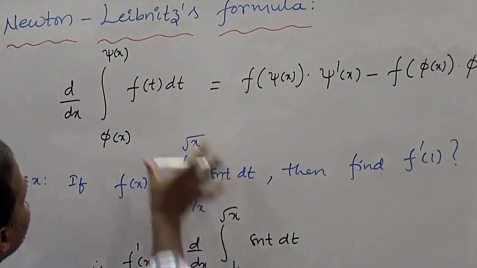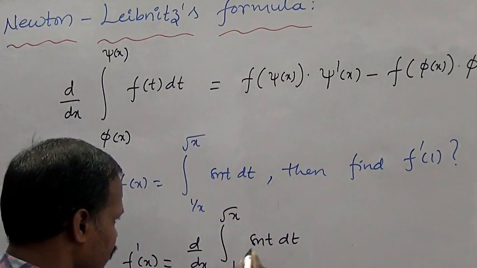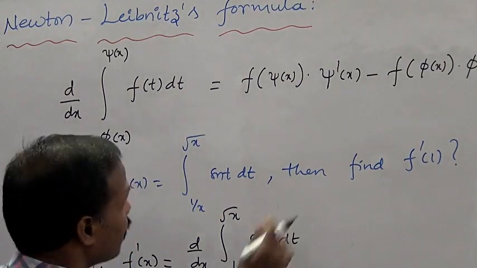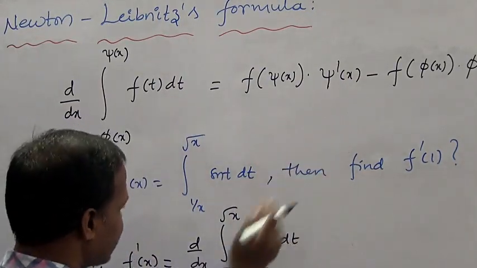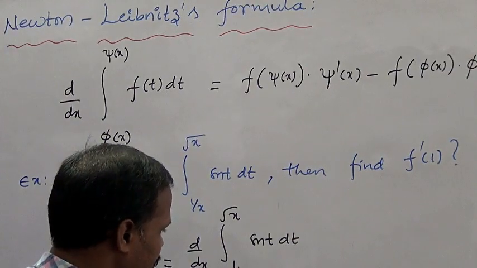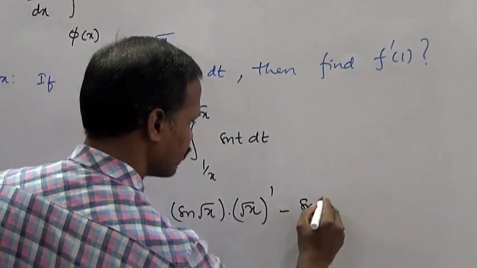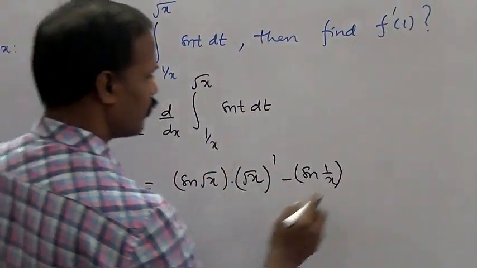Now by using the Newton-Leibniz formula, this becomes sin root x into psi dash x, the derivative of root x, minus sin 1 by x into the derivative of 1 by x.